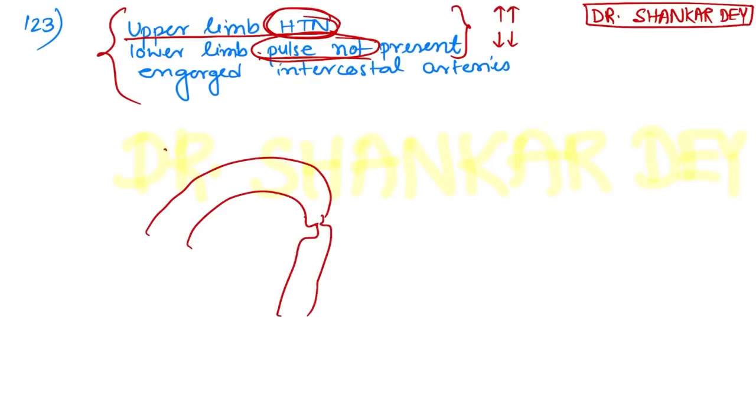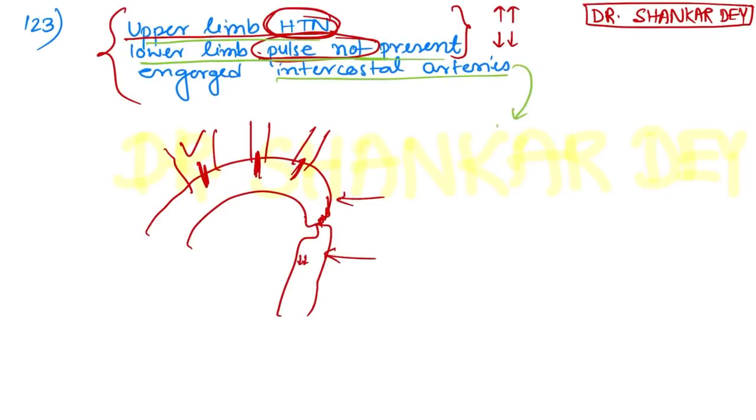Because of coarctation of aorta, blood flow is more in the proximal segment. In the distal segment, blood flow is very less. That is why the lower limb pulse is not present or not palpable, with upper limb hypertension and exaggerated intercostal arteries because of collaterals.